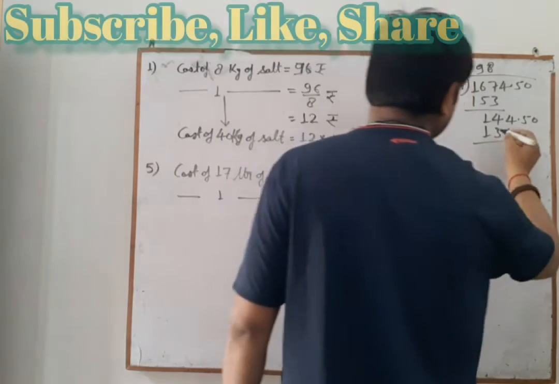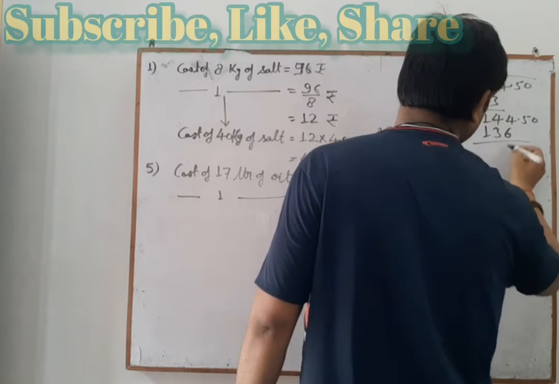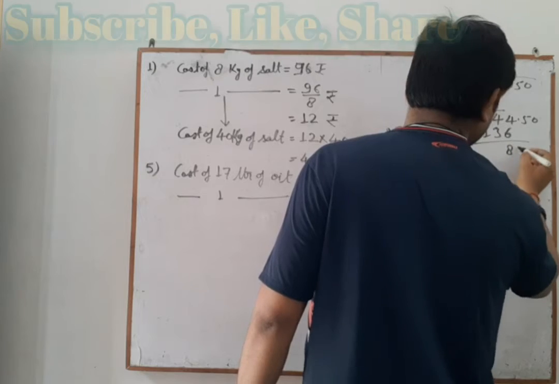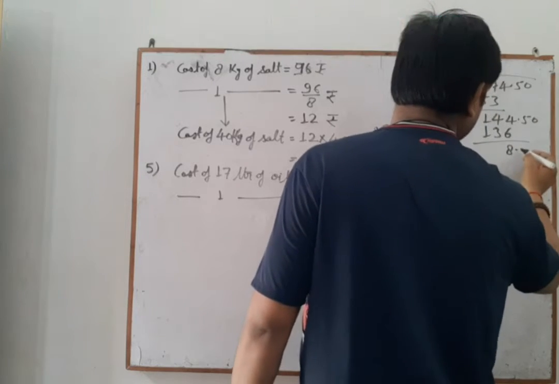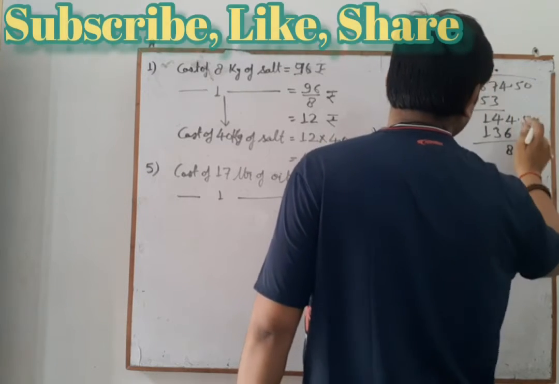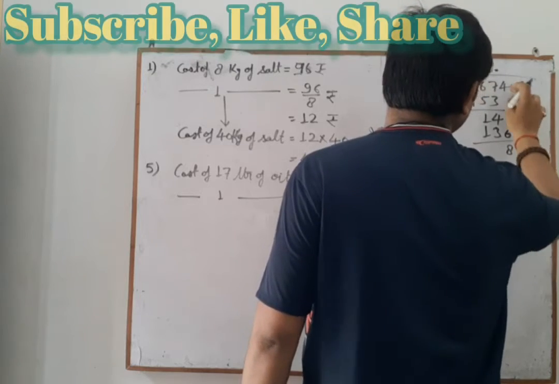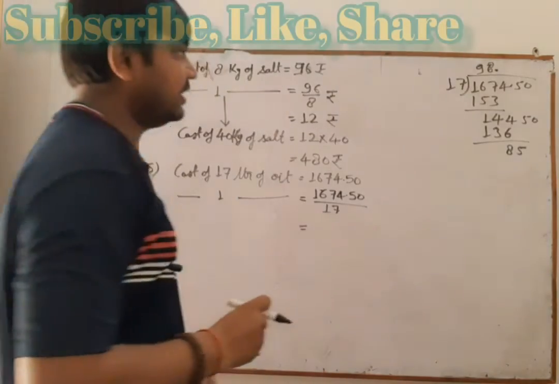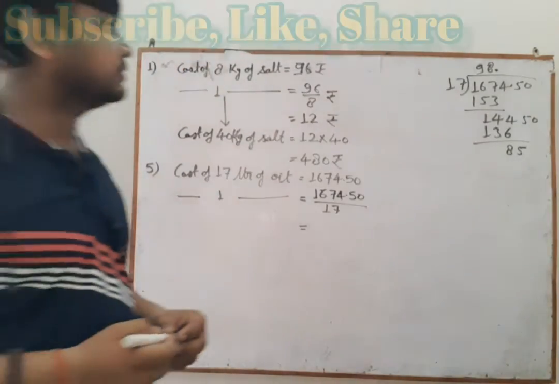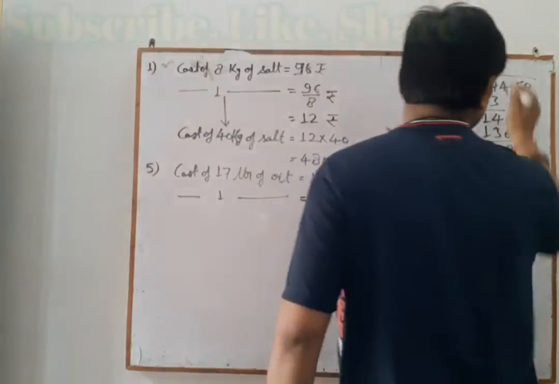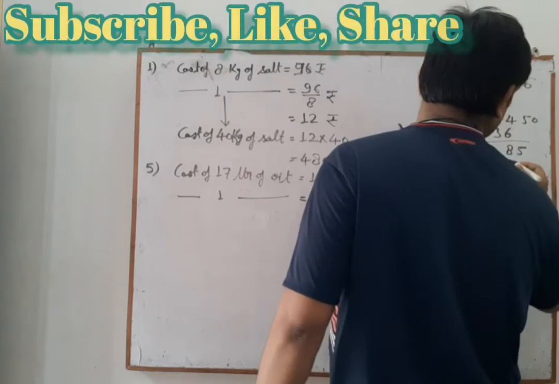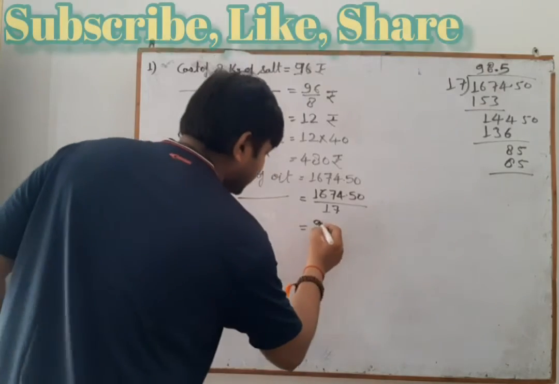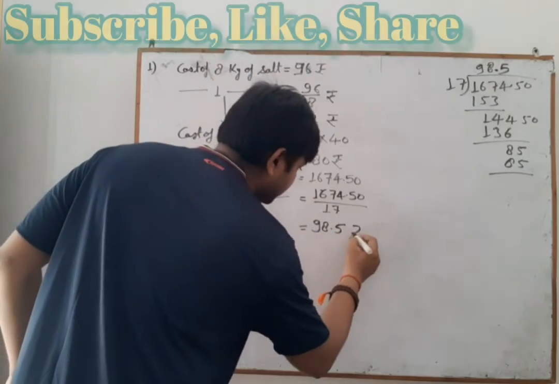Seventeen eights are 136. Put the point here, and we get 5. So after dividing, we get 98.5 rupees.